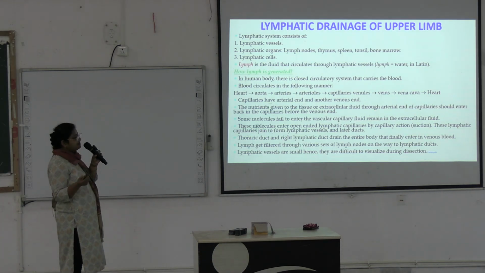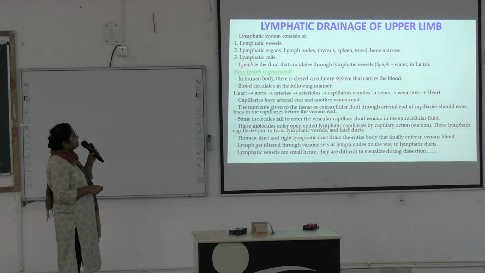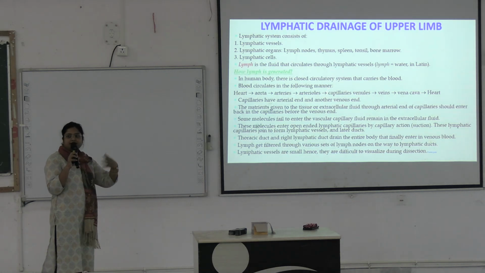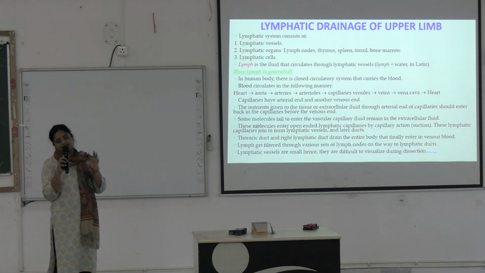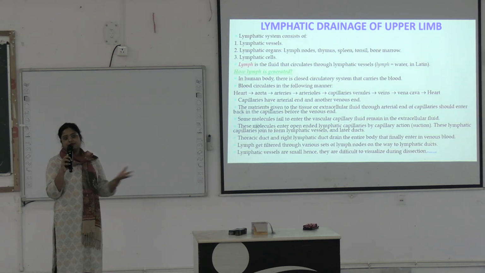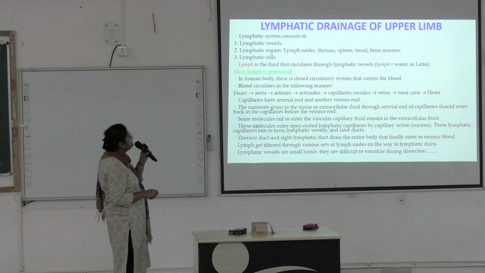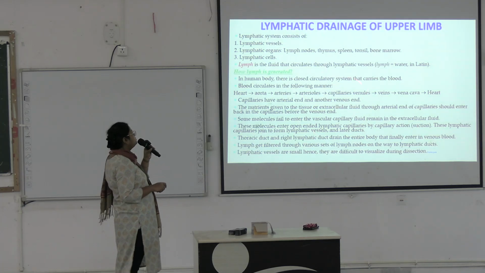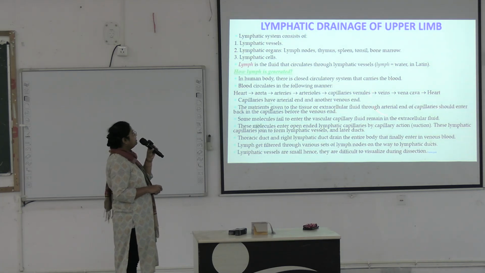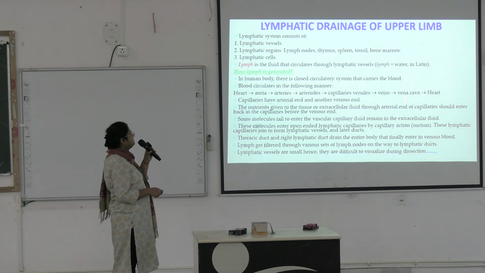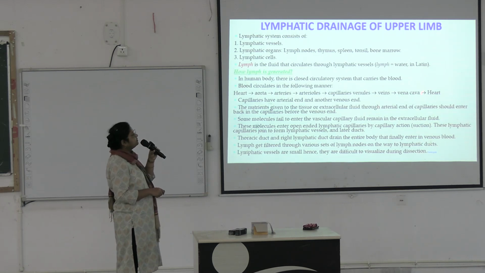At the capillaries, they go to the tissue level. Diffusion of different nutrients and waste products will occur here. After that, the blood is collected into the venules. From venules it goes to the veins, then the superior and inferior vena cava, and through the vena cava it goes to the heart.